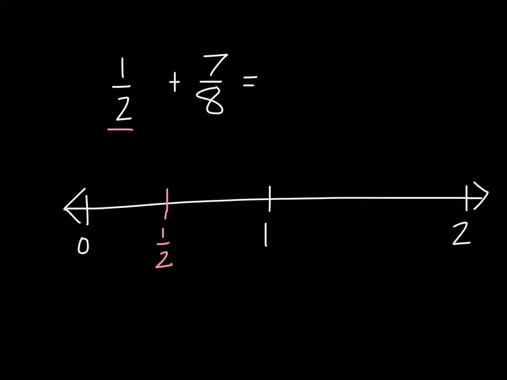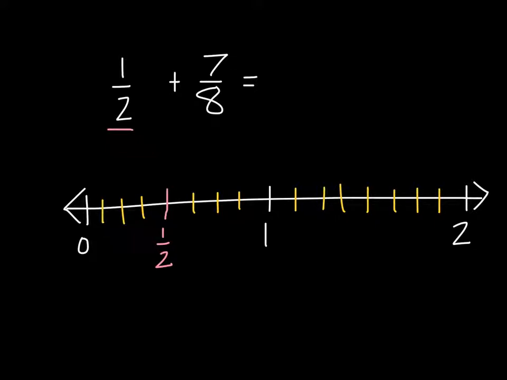So now I've already divided my number line in half. Now I'm going to divide it into eighths. And I'm going to go ahead and divide this one into eighths as well.